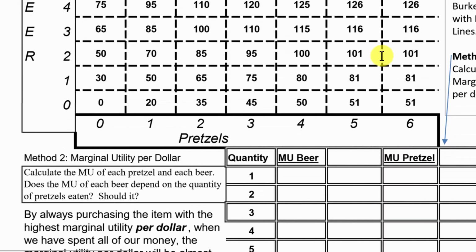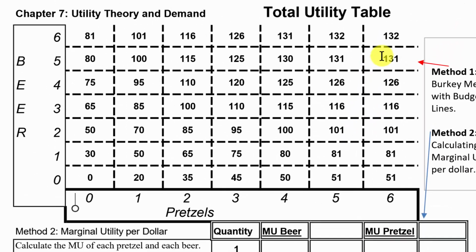Okay, let's go up here and do that. I'm going to choose my yellow highlighter. Here's one extreme point: we could buy 5 beers and no pretzels, and that would make this person 80 happy. At the other extreme, 0 beer and 5 pretzels would make this person only 51 happy.